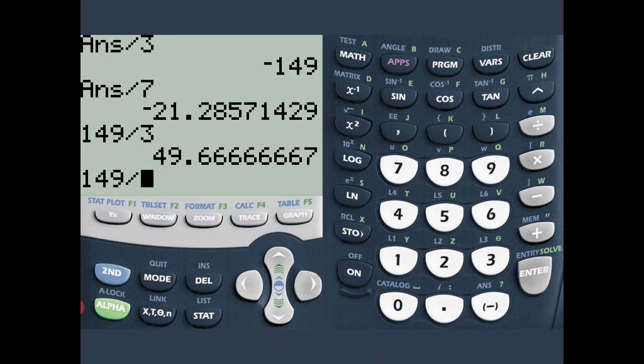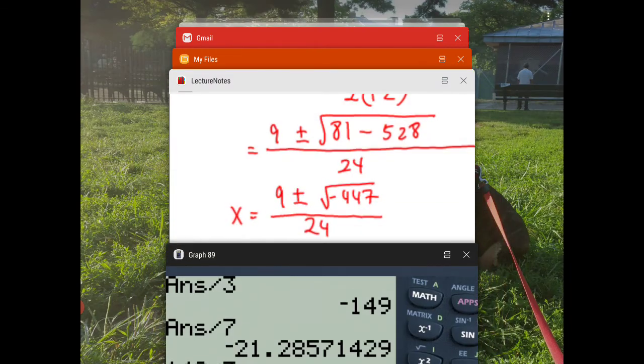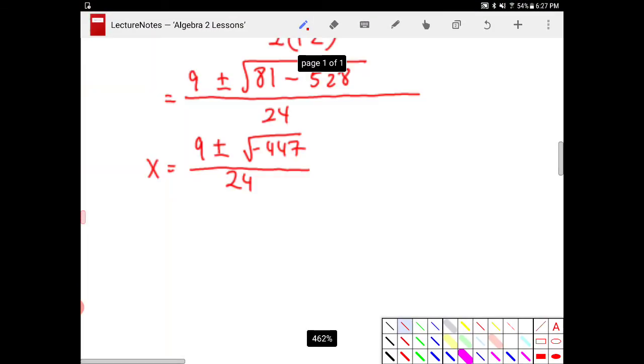Nothing else comes to mind. So actually 447 is where we're going to leave it, because there's no perfect square that divides evenly into 447.